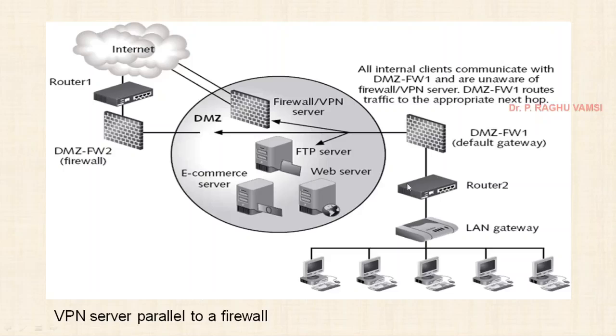Here all internal clients communicate with the DMZ firewall 1 and are unaware of the firewall VPN server. DMZ firewall 1 routes traffic to the appropriate next hop.